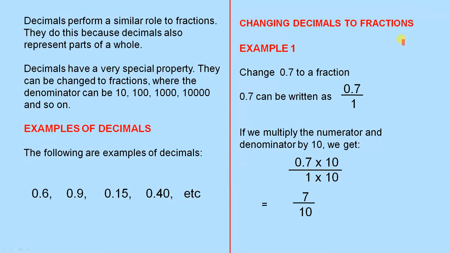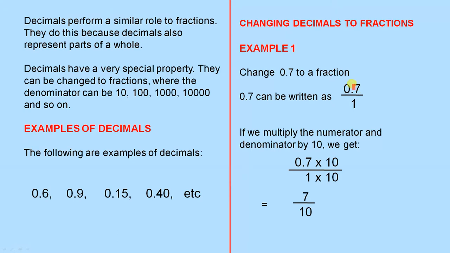Changing decimals to fractions. Example 1. Change 0.7 to a fraction. 0.7 can be written as 0.7 over 1. If we multiply the numerator and denominator by 10, we get 0.7 times 10 over 1 times 10.